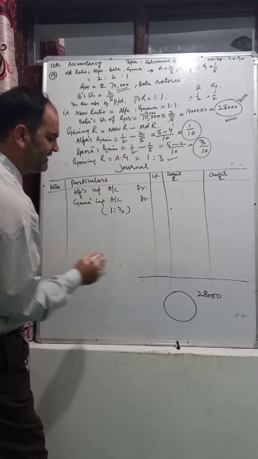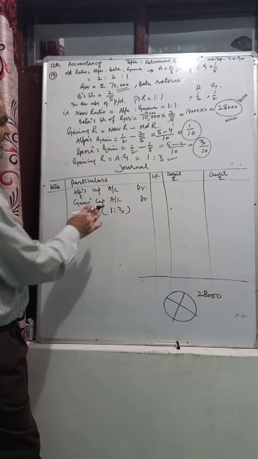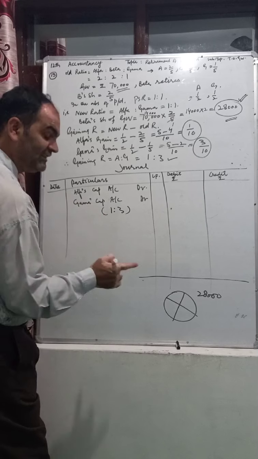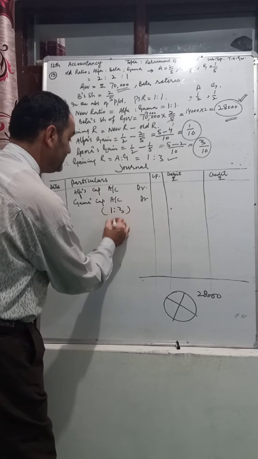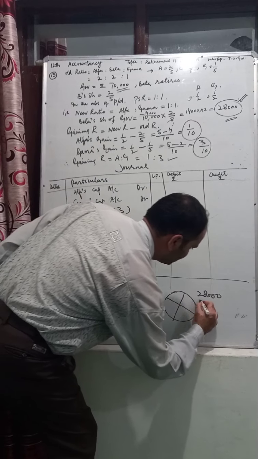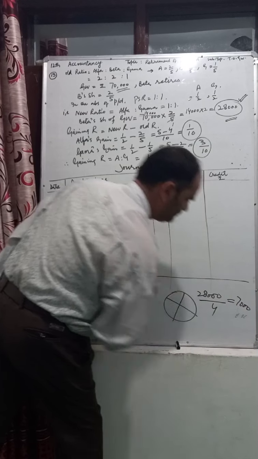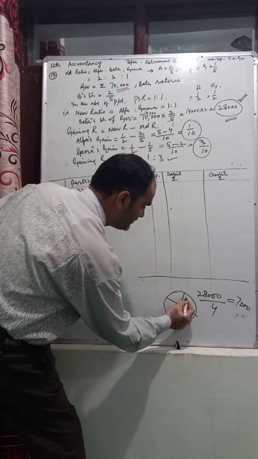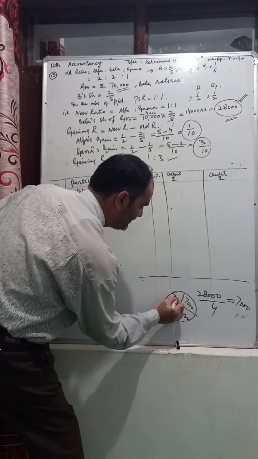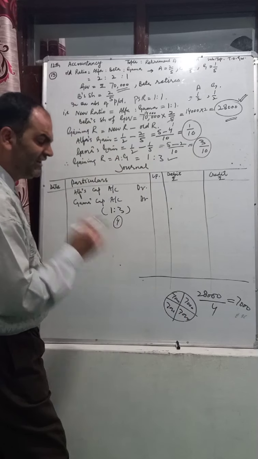This is 28,000. We are distributing it among two partners in the ratio 1 is to 3. That is, we have 1 plus 3, 4 shares here. 28,000 divided by 4, which is equal to 7,000. That is 7 plus 7 plus 7 plus 7 equal to 28,000.